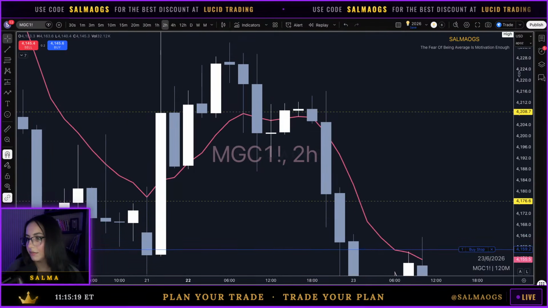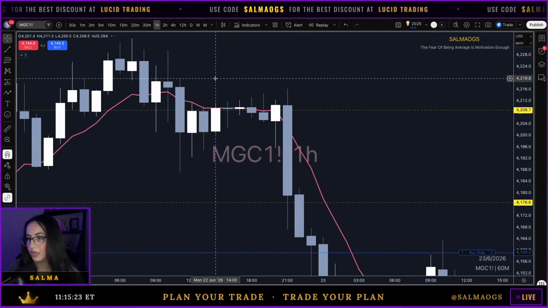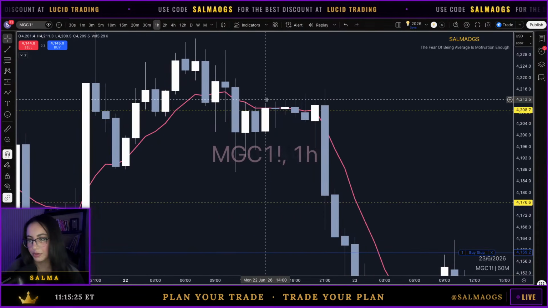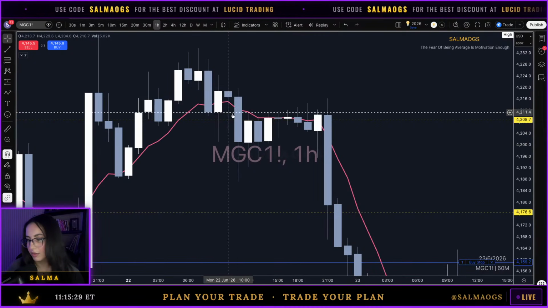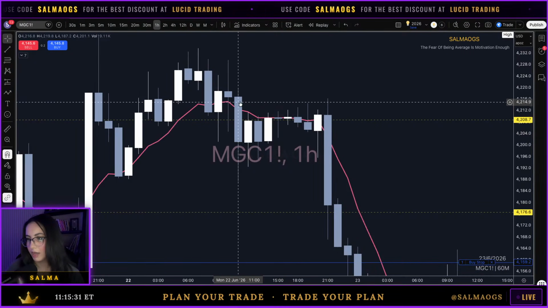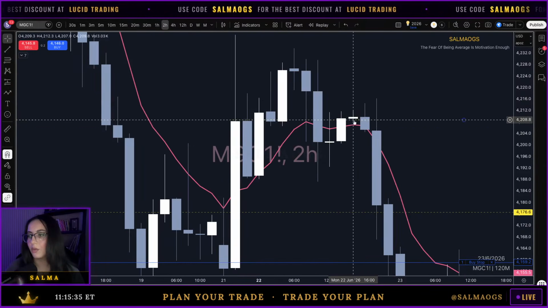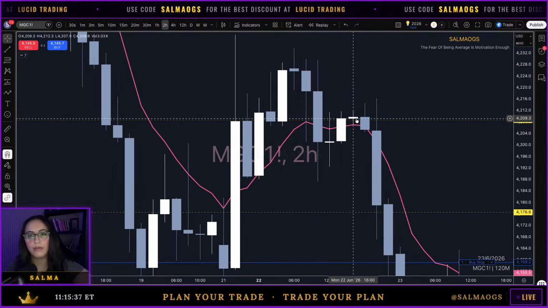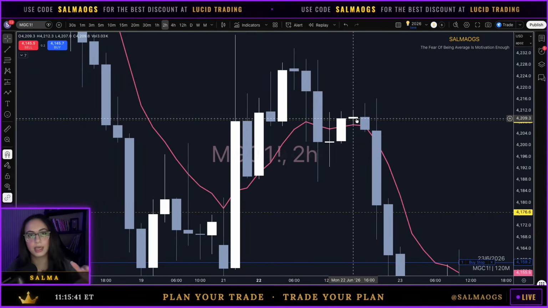I was watching basically the 2 hour and the hourly. I was just looking at the way we were structured, okay? And the EMA wasn't looking like it's looking right now. It was looking a little bit higher. And it just seemed like we couldn't get above the 9 EMA. Price was really struggling there and it was acting as resistance.